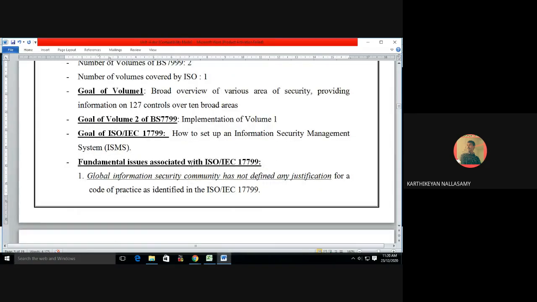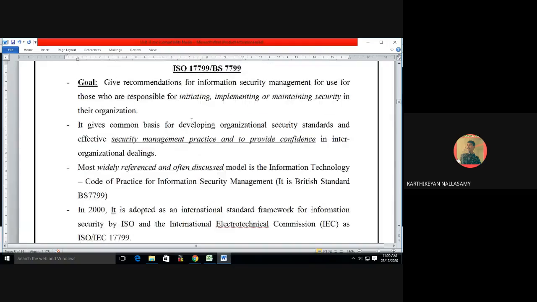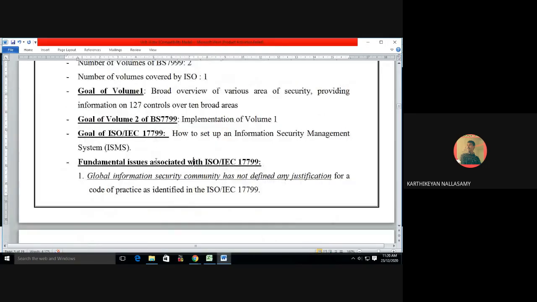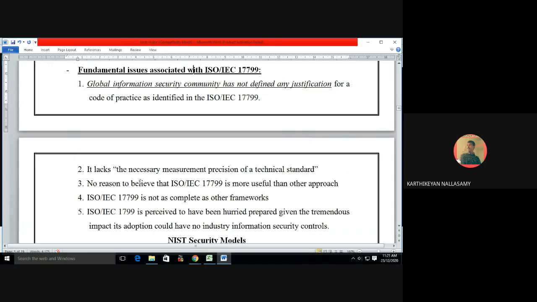Along with that, this ISO 17799 has some issues. One is that this ISO IEC 17799 does not have any justification statement or information security procedure, and it lacks the necessary measurement precision or technical standard.